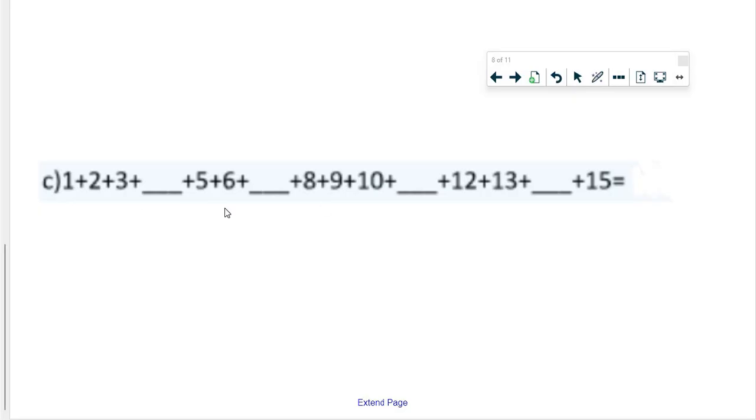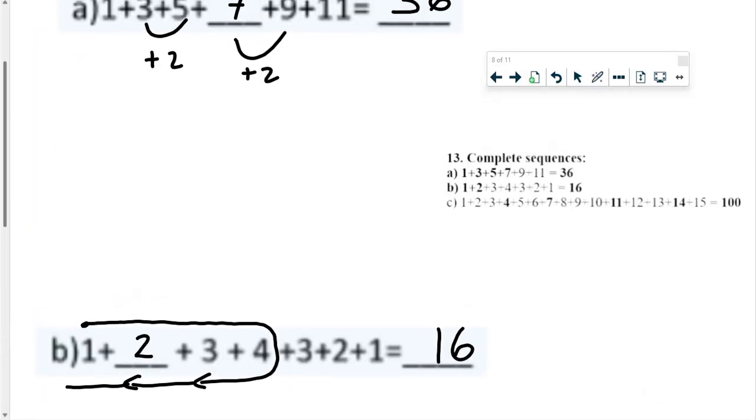This is a series of adding counting numbers. So 1 plus 2 plus 3 plus 4 plus 5 plus 6 plus 7 plus 8 plus 9 plus 10 plus 11 plus 12 plus 13 plus 14 plus 15. If you add all these numbers, what do you get? You're going to get 100. Okay? So you can try to check that.